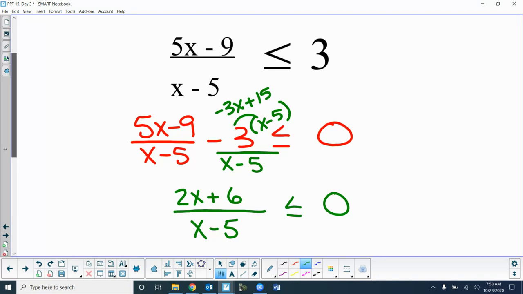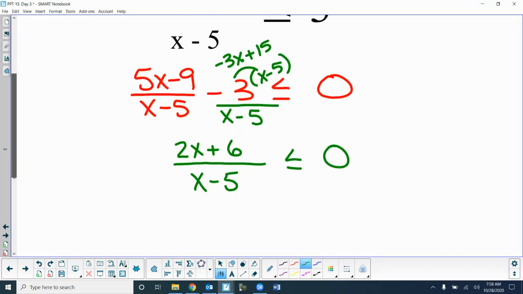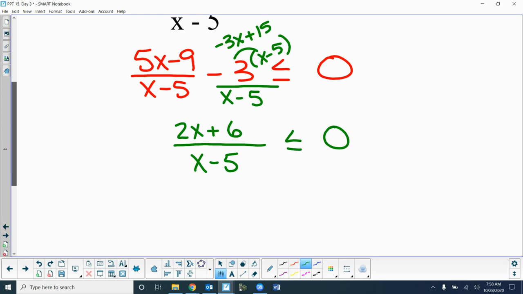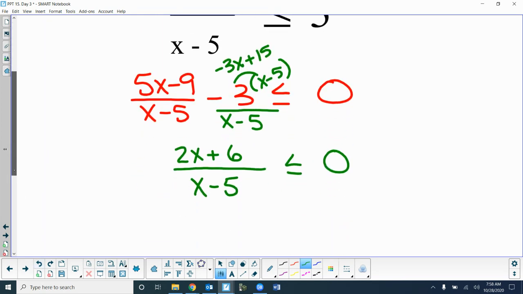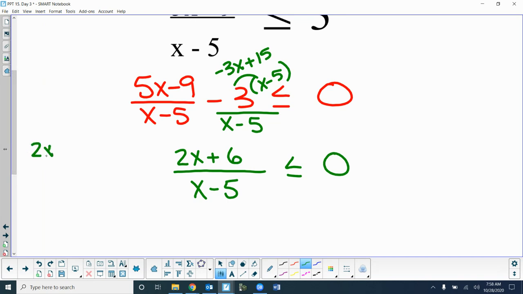Okay, so I distribute that -3, then I combine my terms. Now, I figure out what makes the top 0. And I figure out what makes the bottom 0. To get my values, my critical values, like we did yesterday.